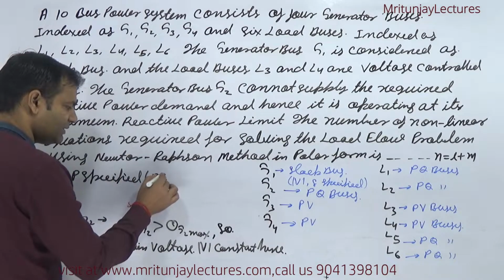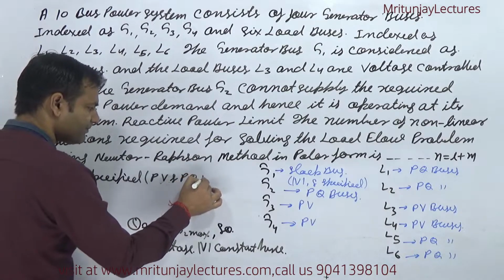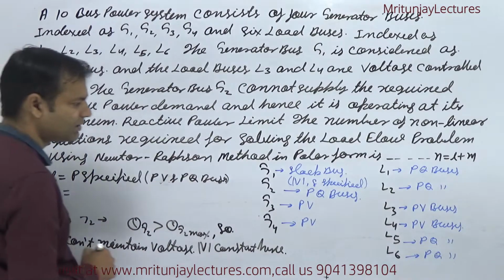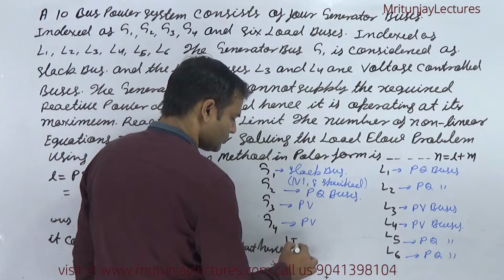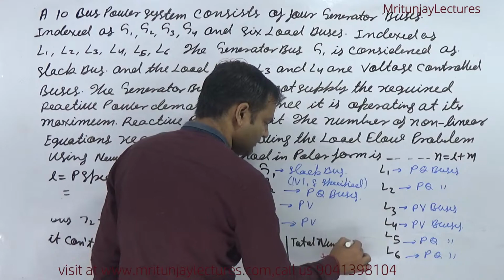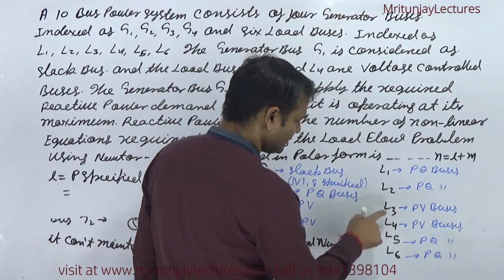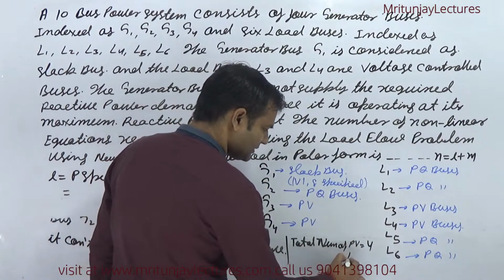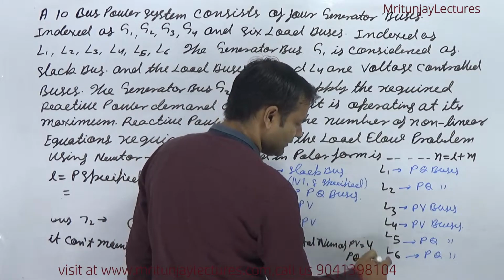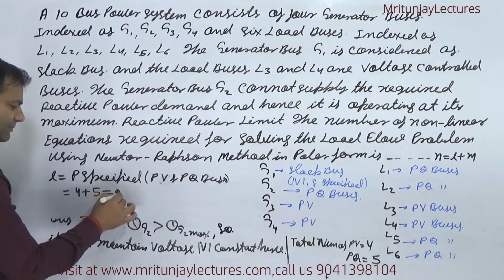It means PV and PQ buses, the total number of PV and PQ buses. The total number of PV buses is 1, 2, 3, 4, that is 4. The number of PQ buses is 1, 2, 3, 4, 5, that is 5. So 4 plus 5 is 9.